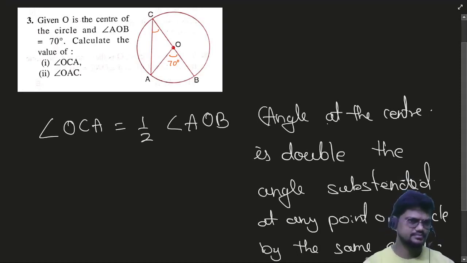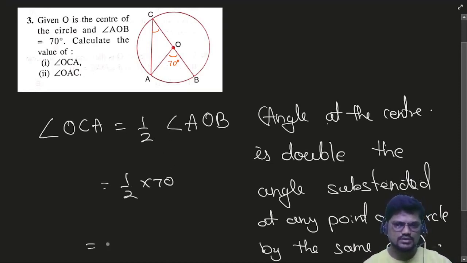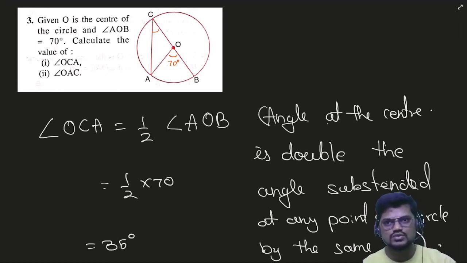Yeah, angle at the center is double, so this will be half. Angle OCA will be half of AOB, that is 70, so this will be 35 degrees. So you got this angle is 35.